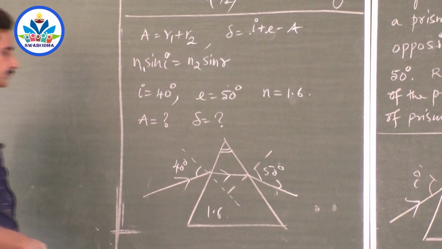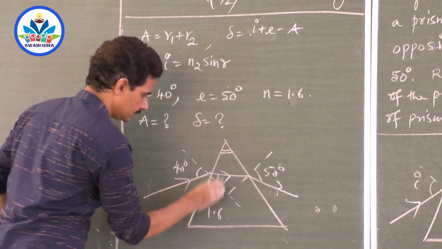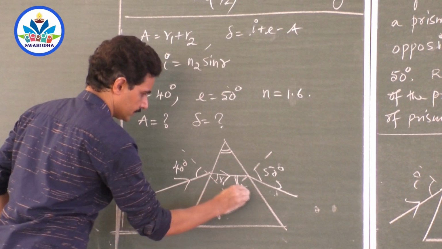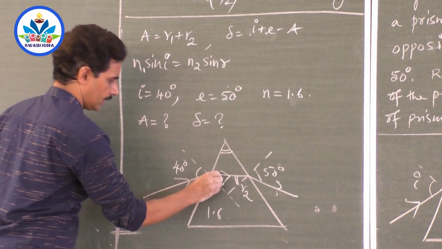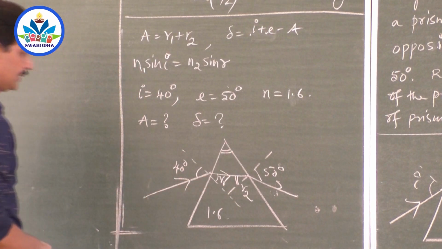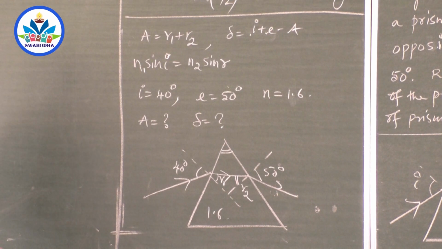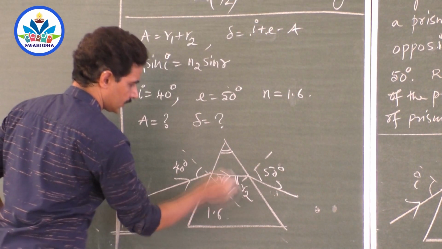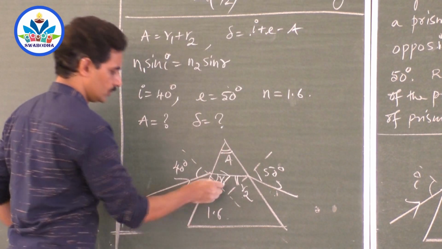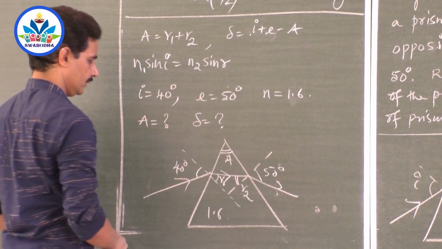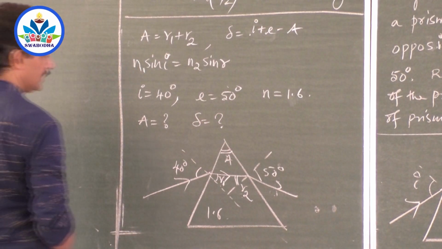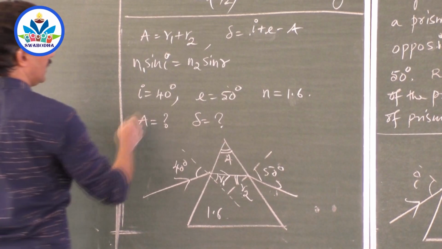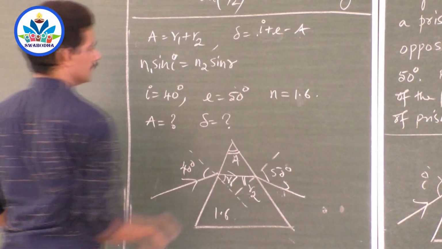And this is R1, this is R2. R1 and R2 are the angles of refraction. Now, angle of the prism is a question mark. Unless you get R1 and R2, you can't calculate A. So you should get this one and then A. And for angle of deviation, you should have I, E and A, all.